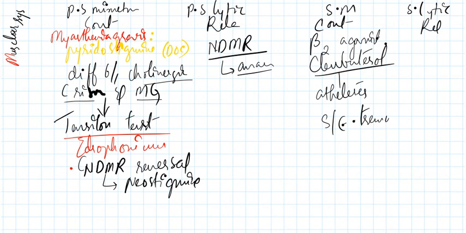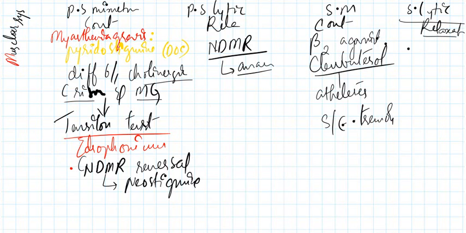Now if you come to sympatholytics, they cause relaxation. They decrease exercise tolerance, but they are not prescribed in athletes. Okay. Now I just want to write one thing here.